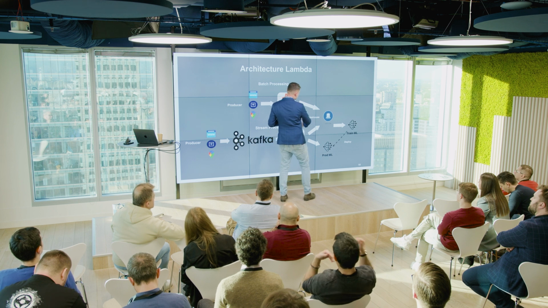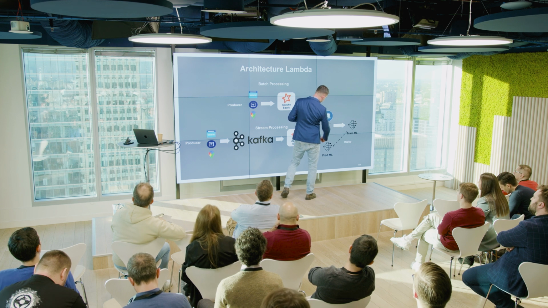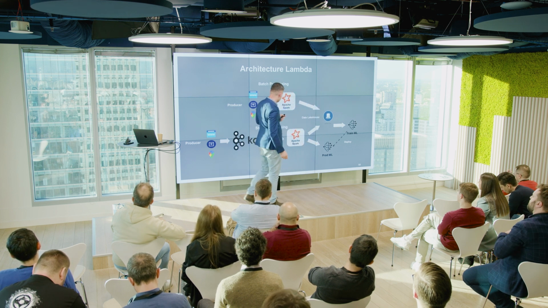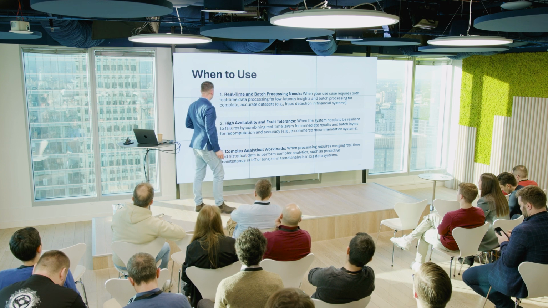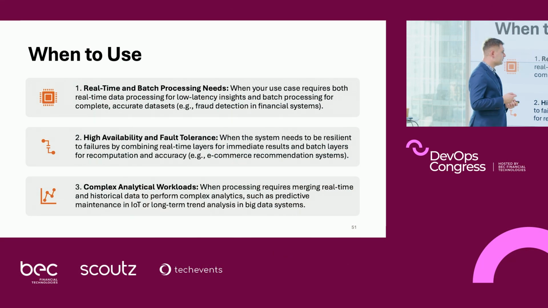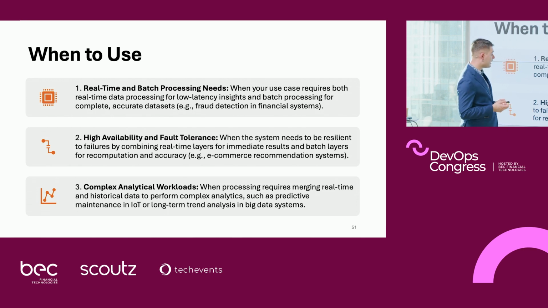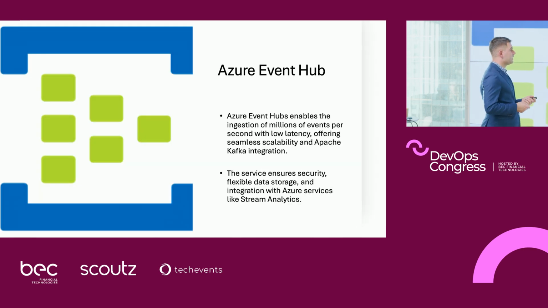Then we can store it in the Delta Lake, or we can use it for our machine learning model. When to use it? When we want to do real-time and batch processing, and when we want high availability. We can use Azure Event Hub for this.